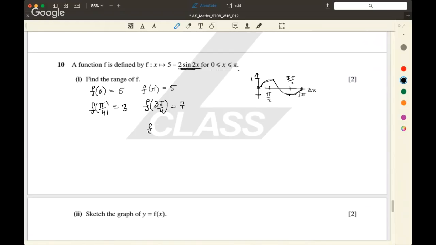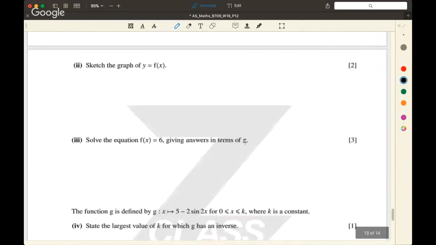So we see that actually f of x ranges from 3 to 7. It goes both above and below 5. And the 5 thing is just a naive application because sine is periodic.